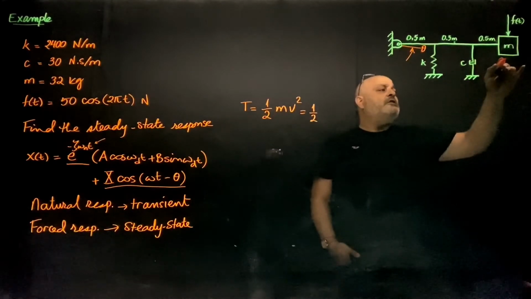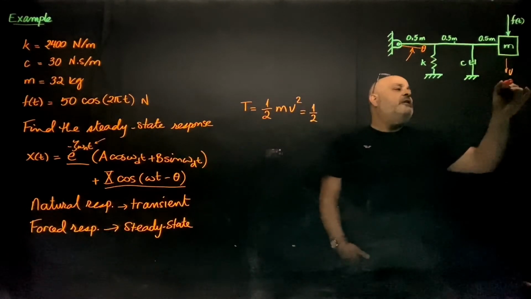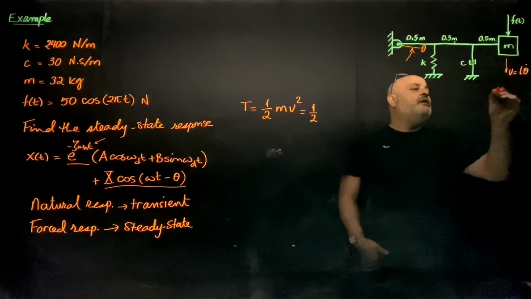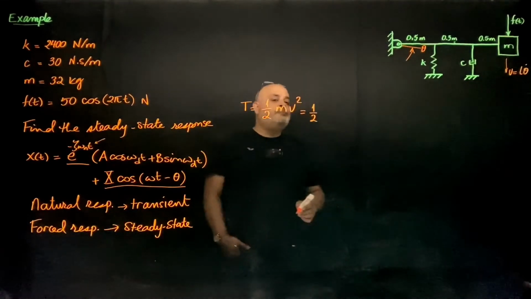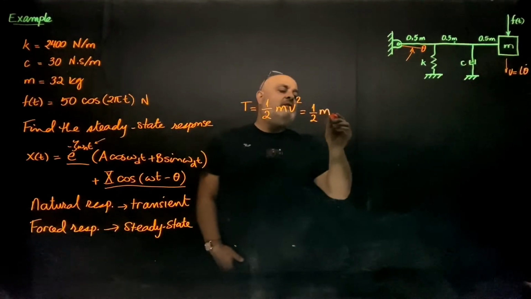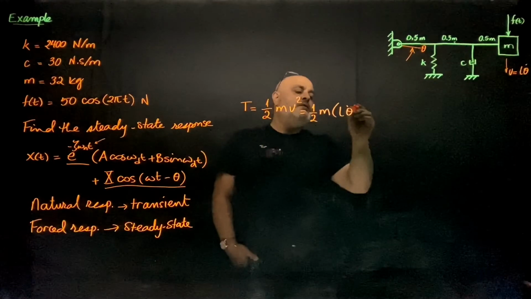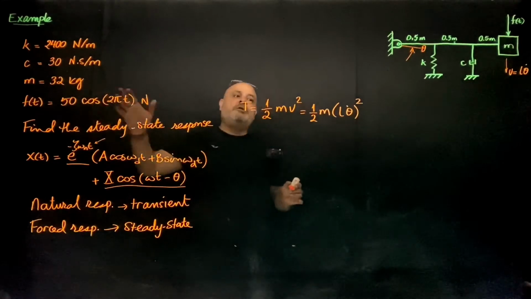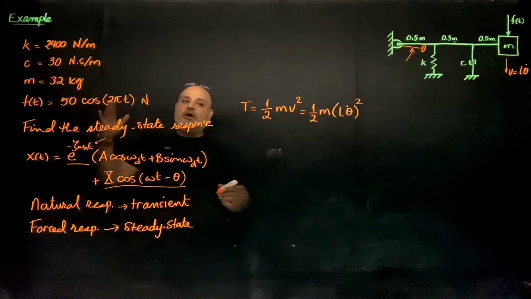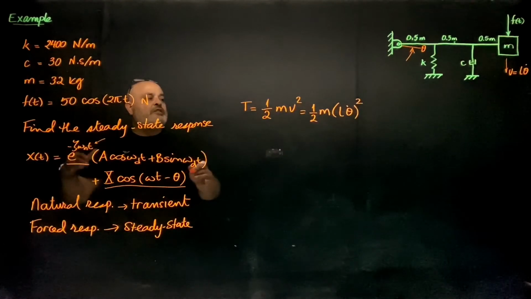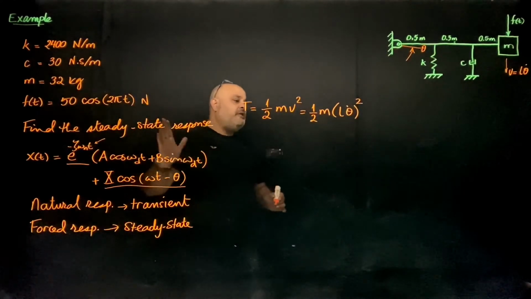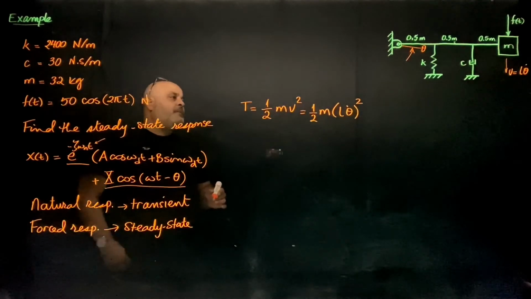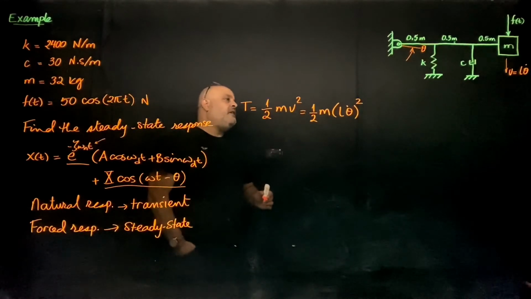It's a rotational velocity, so it's a tangent velocity v equals r omega or L theta dot. So it's 1/2 m times L theta dot all squared. Now I can either substitute numbers now or leave it to the end, and after I finish all the derivation, substitute those numbers in the final equation of motion. I will proceed with the variables like this. So that's the kinetic energy part.